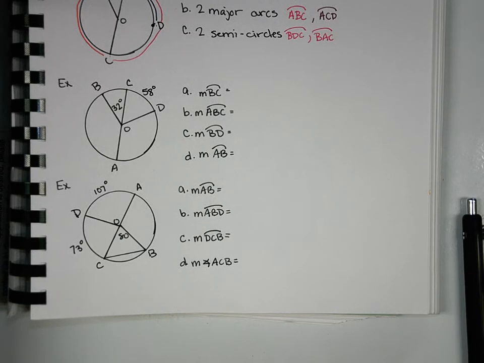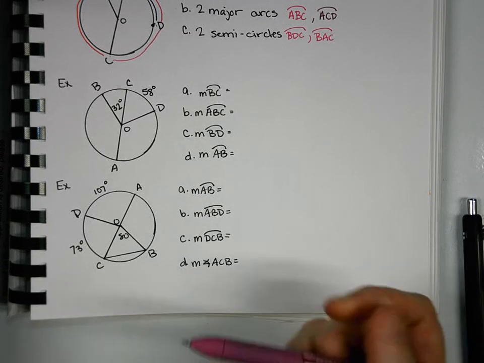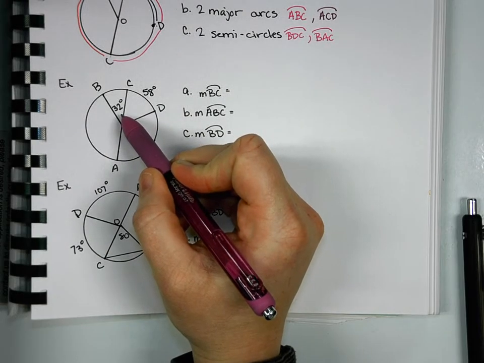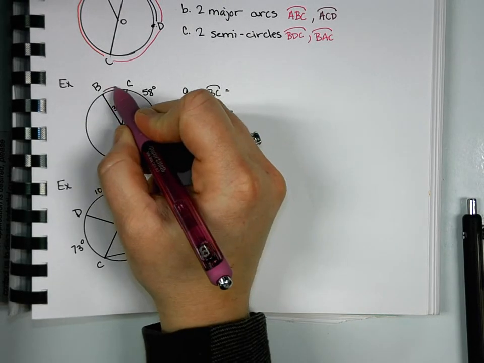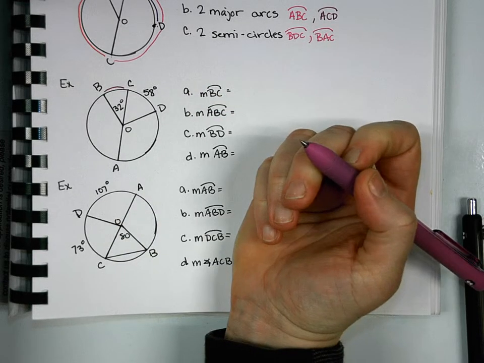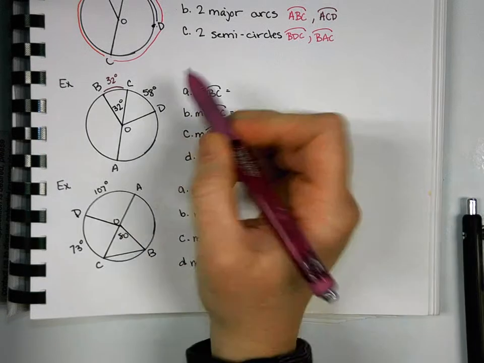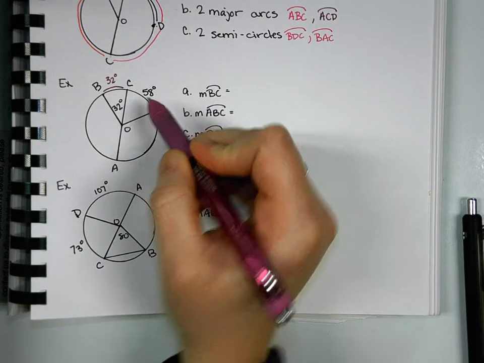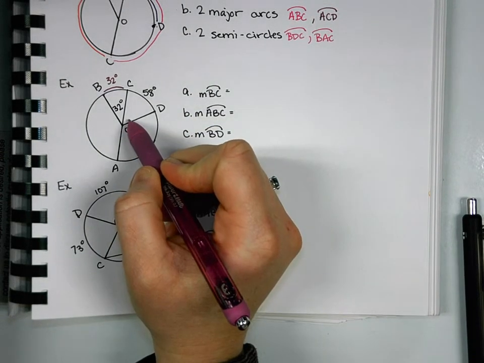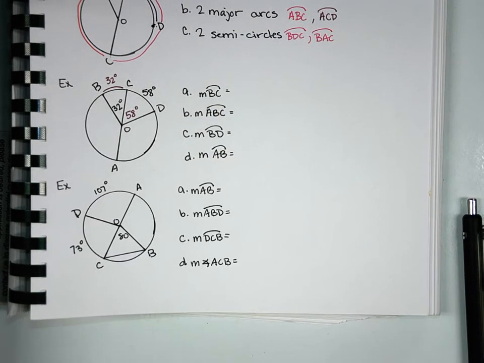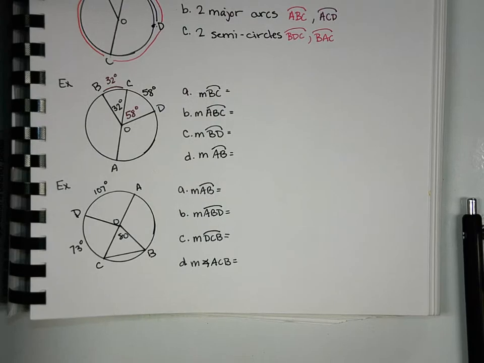So when I look at this picture, I have a central angle of 32. What does that mean about this arc? It's 32 degrees. It's the same. If I know this arc is 58, what do I know about this angle? It's 58. Okay, I actually know a little bit more.